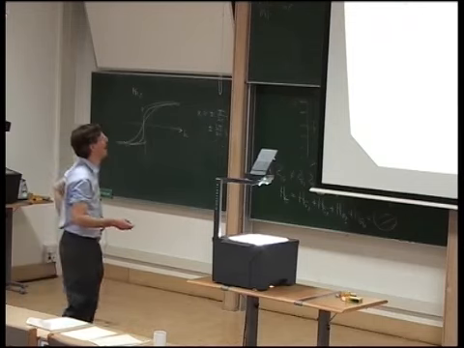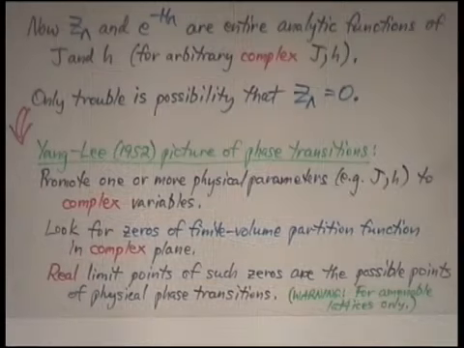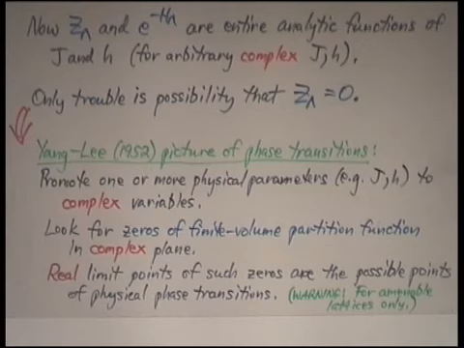It's an approach to studying phase transitions. It's one way, not the only way, but one way to study phase transitions. You take one or more physical parameters, such as temperature or magnetic field, which are physically real, and promote them to complex variables. I mean, this is kind of weird, right? You don't go to your experimentalist friend and say, please measure for me the specific heat of iron at 273 plus 6i degrees Kelvin.